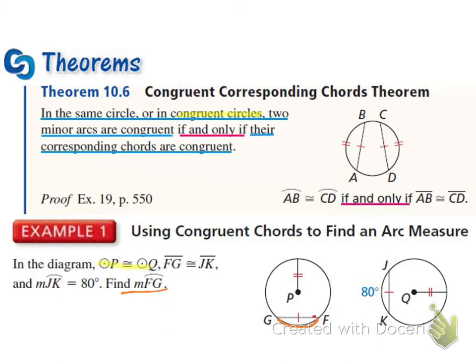FG is formed by this chord, chord FG. What do we know about chord FG? It's congruent to JK. So if the chords are congruent, that means their arcs are congruent. So what is the measure of arc FG? 80. Okay, that's the first one.